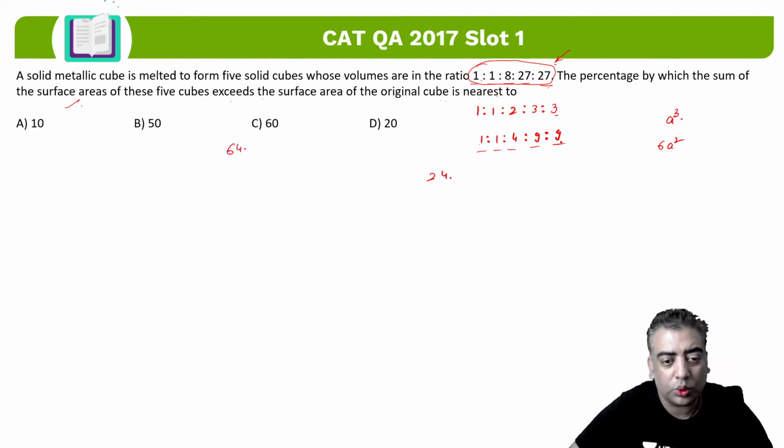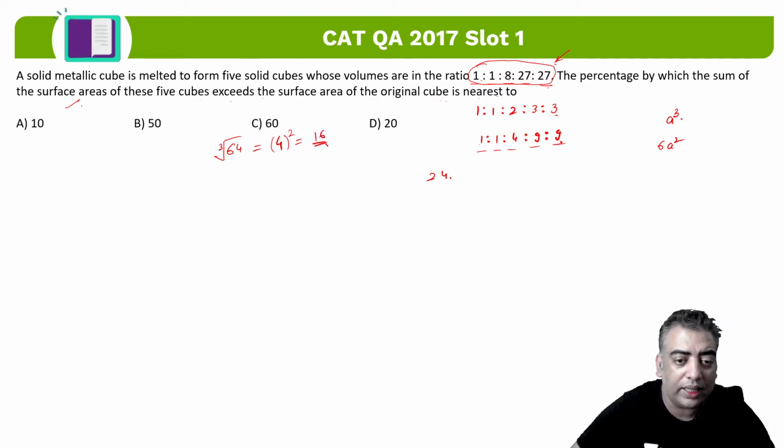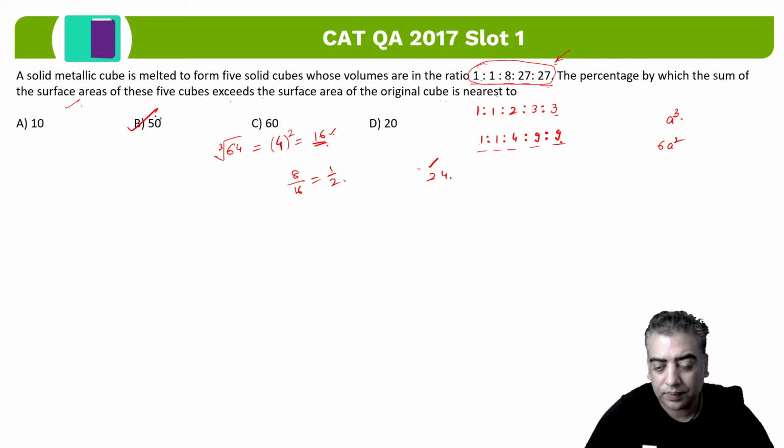If you take the cube root of 64, it will give you the side of the cube, and on squaring it, it gives you the surface area of the cube. So the question says by what percentage 24 is more than 16? The required difference is 8 divided by 16 is half, which is equivalent to 50%. So please everyone check it out.